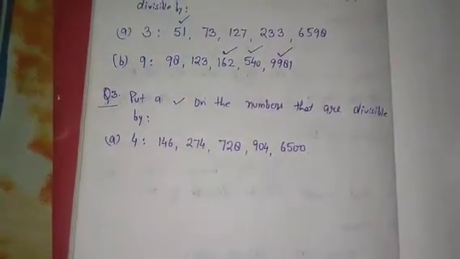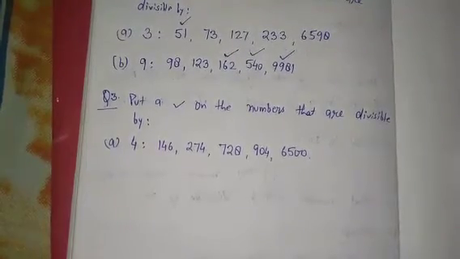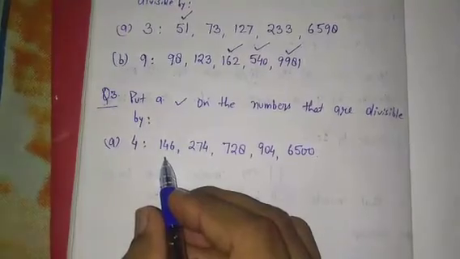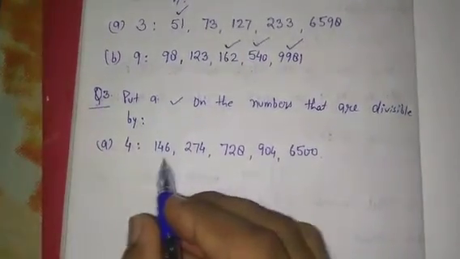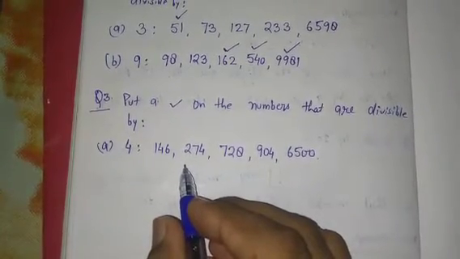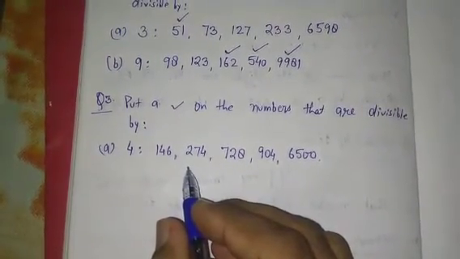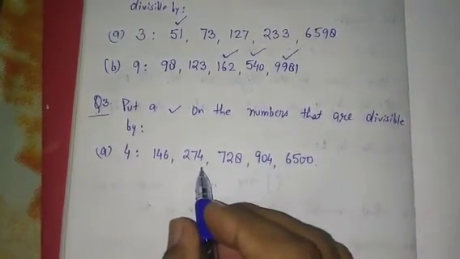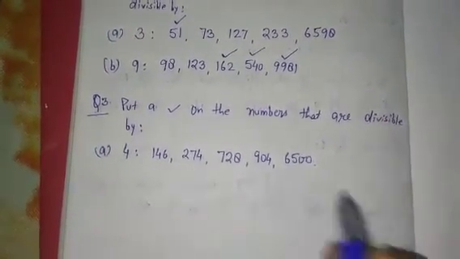If we divide 46 by 4, 46 is not divisible by 4. It means 146 is not divisible by 4. Then another number is 274. In 274 the last two digits are 74. 74 is not divisible by 4. It means 274 is also not divisible by 4.